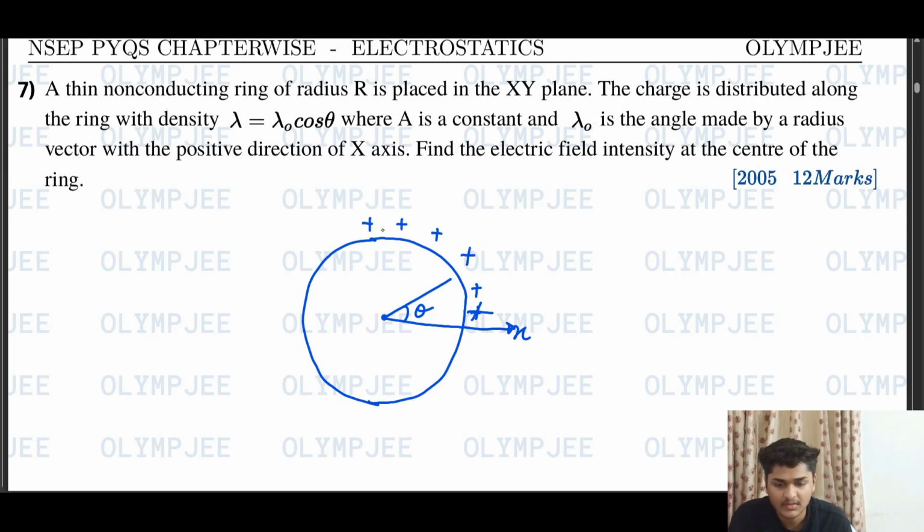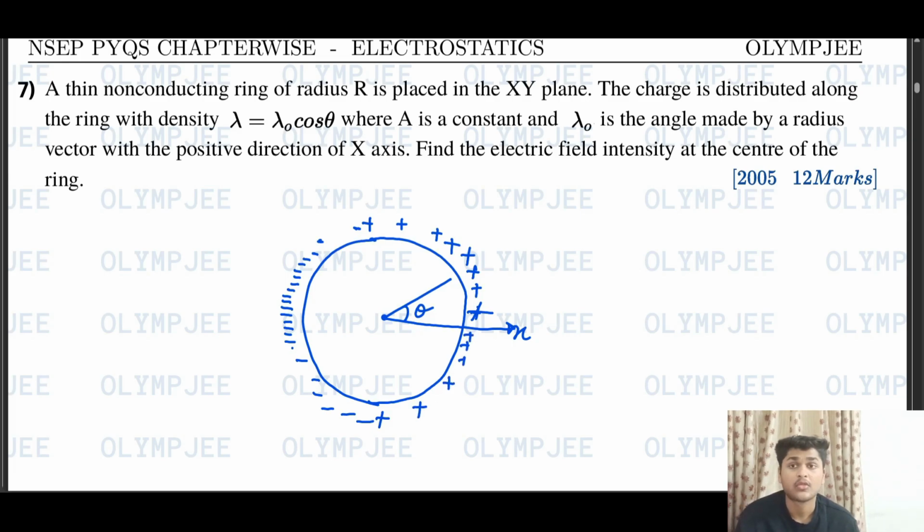So I'm putting more distance between the plus charges, and then it will start becoming negative. Most negative it will be here, then it will start decreasing, and cos theta is positive in the fourth quadrant, so it will start becoming positive.